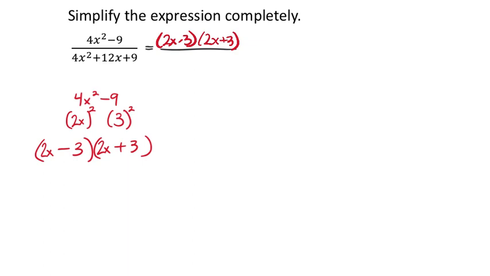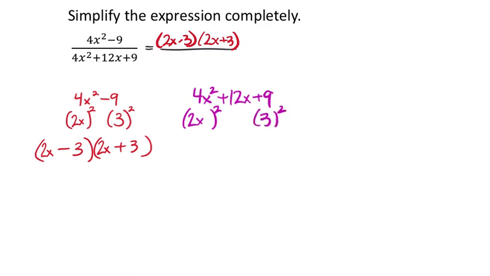But in order for us to know that something's going to happen, we now have to look at the denominator, 4x squared plus 12x plus 9, and see if this can also be factored. And it can. That's great news. Because I see the 4x squared, again, that would have been like 2x to the power of 2, and then 9 is a 3 to the power of 2.